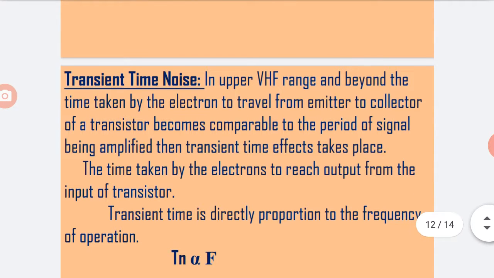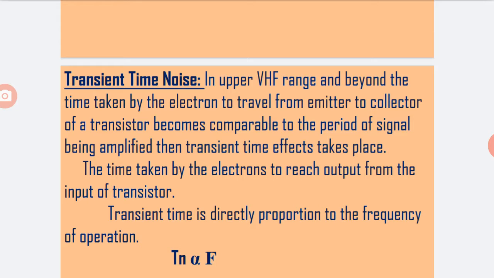Then transit time noise. In the upper, very high frequency range and beyond, the time taken by the electron to travel from emitter to collector of the transistor becomes comparable to the period of the signal being amplified. Then the transit time effect takes place.